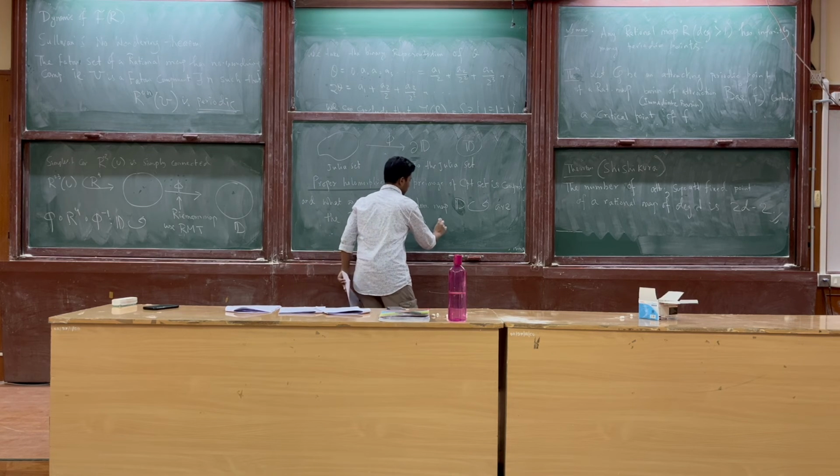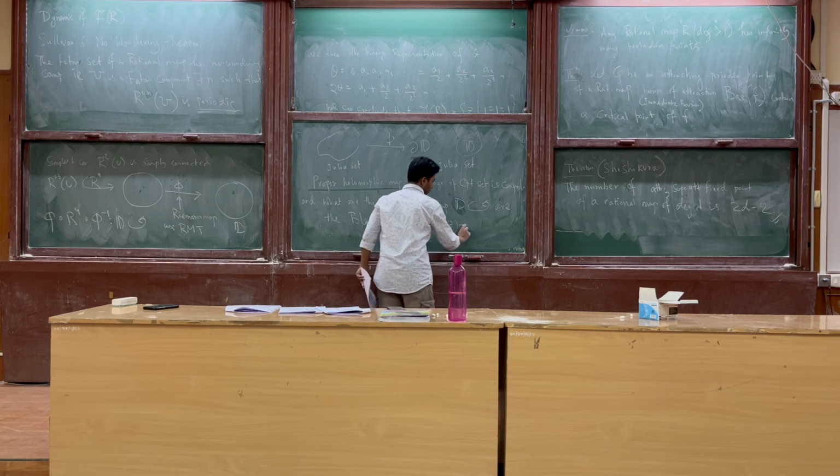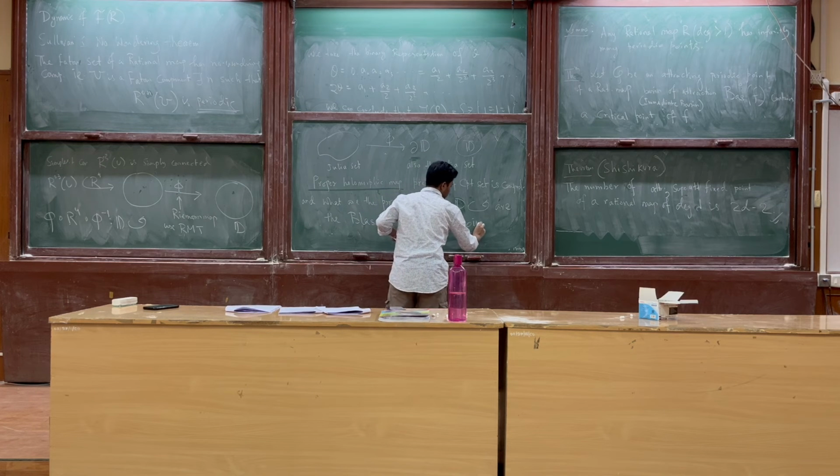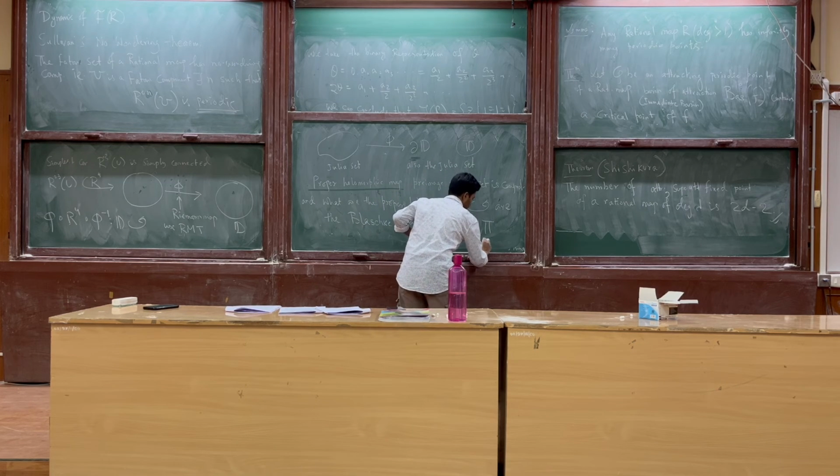The map will be just like a Blaschke product, or some rotation like this.